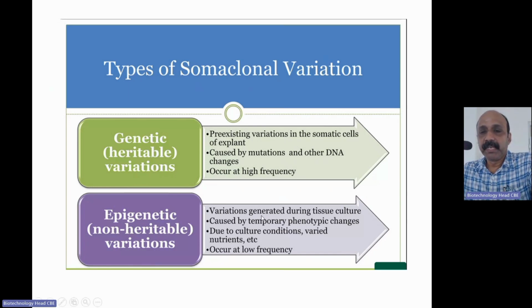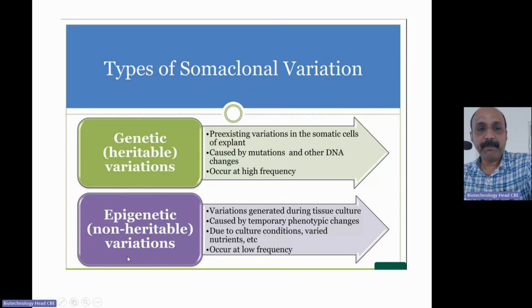The variation generated during tissue culture is caused by temporary phenotypic changes, which may be due to culture conditions or varying nutrients. For example, repeated subculturing or too much moisture in the culture will cause glassification of the leaves. Those are temporary and will not be transmitted to the next generation.